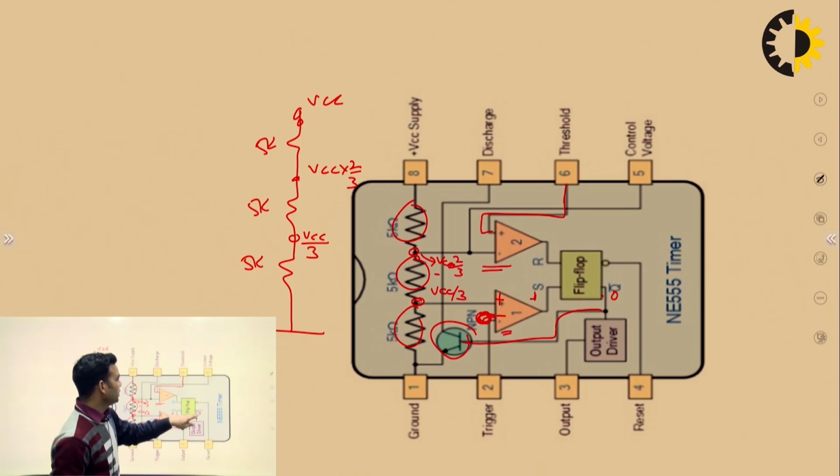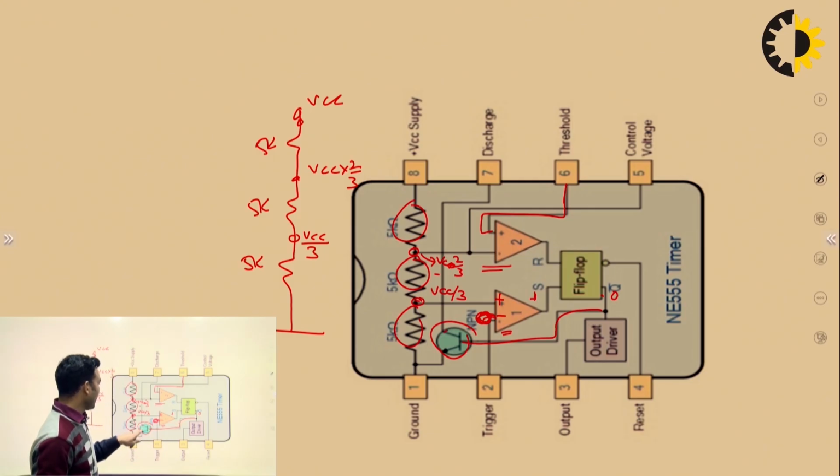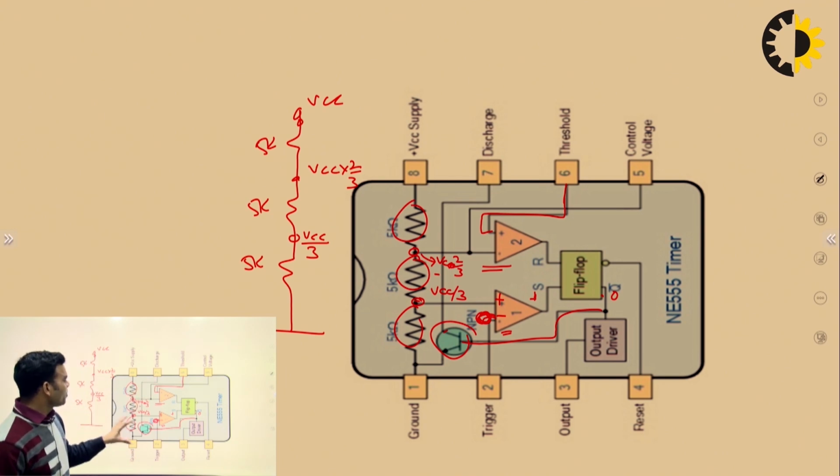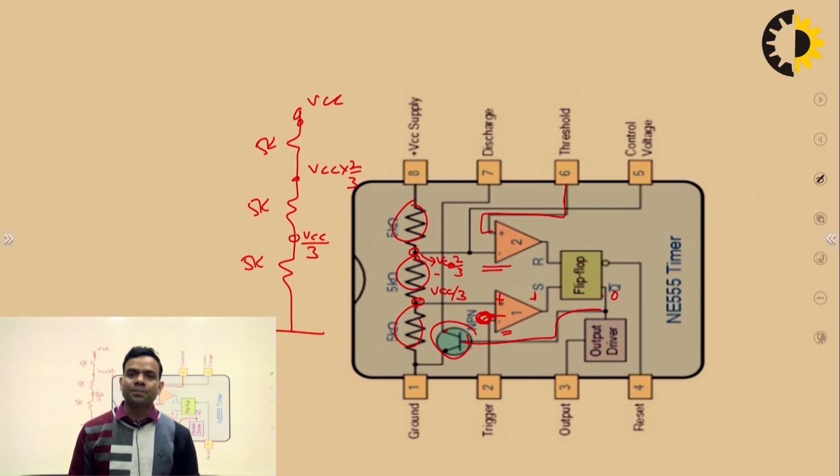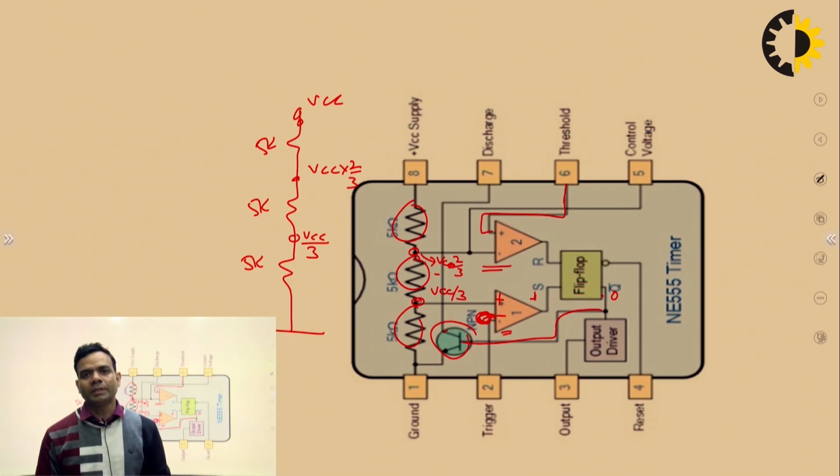Reset means Q bar will be 1, this transistor will become active, and it will discharge through this. So, this is how various components of the 555 timer are connected and how they behave, that we have seen.